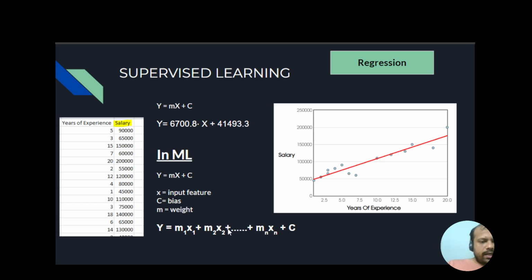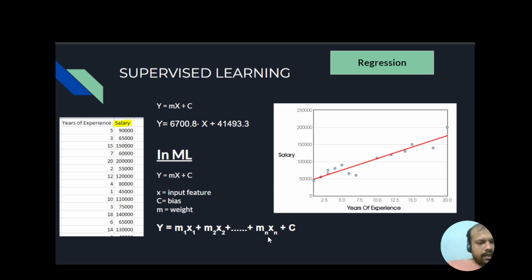These x1, x2 till xn are your different features on which y depends, right? c is again the bias. We call it bias in linear regression, or the intercept in maths, and m is the weight of that feature. So now what the system will do is put all this data in this equation and try to find the values of m1, m2, m3, up to mn and c.